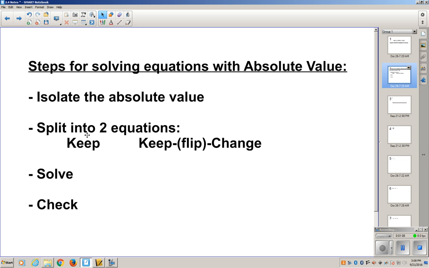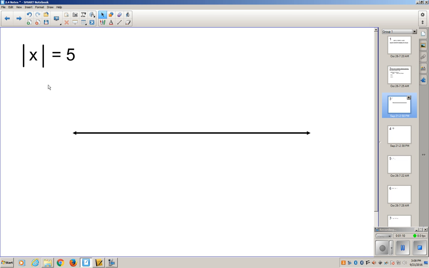Let's talk about why you have to have two equations. You should recall that the absolute value of a number is its distance from 0. So when you talk about the absolute value of 5, on the number line, here's 0, and the number 5 is over here, and the distance that 5 is from 0 is obviously 5.